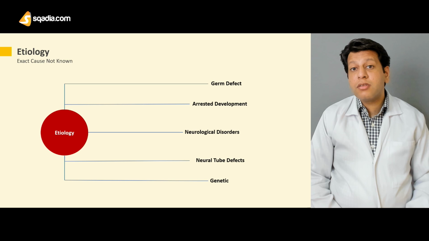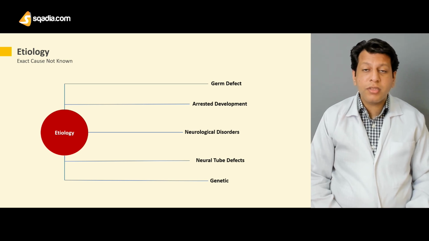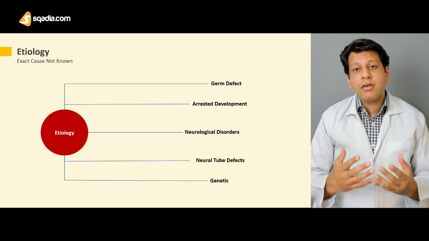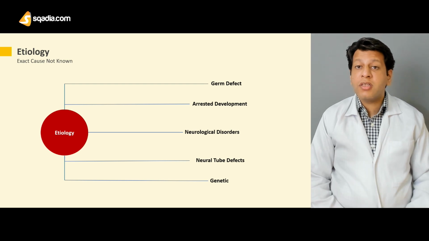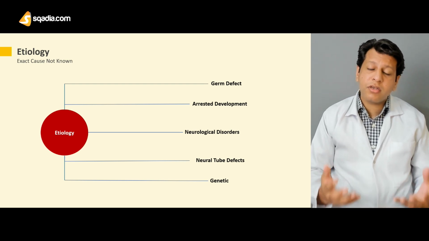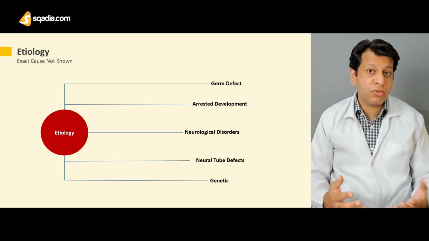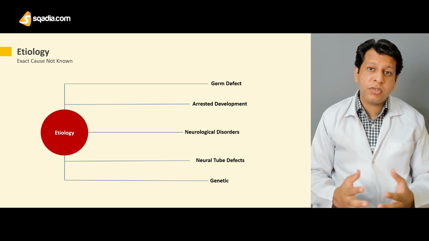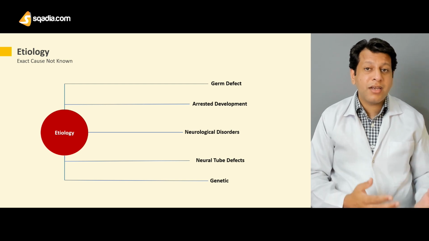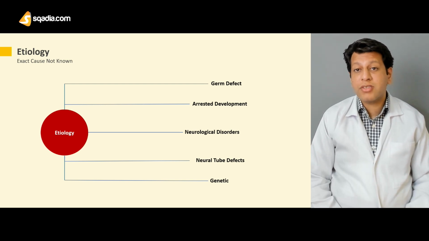There are multiple associations of certain diseases with this. For example, it has been associated with arthrogryposis multiplex congenita, a disorder of almost 129 syndromes. There are a lot of syndromes which are associated with it. Then it may be associated with neural defects such as myelodysplasias and neural tube defects.